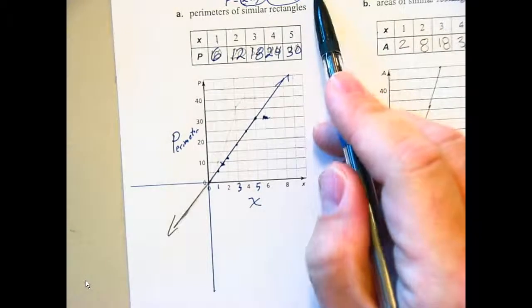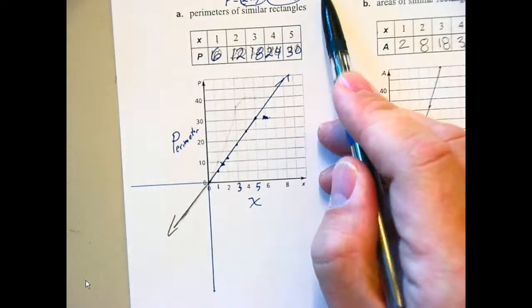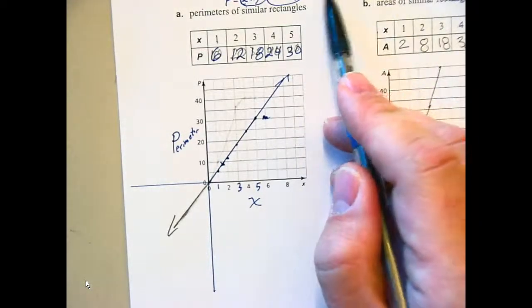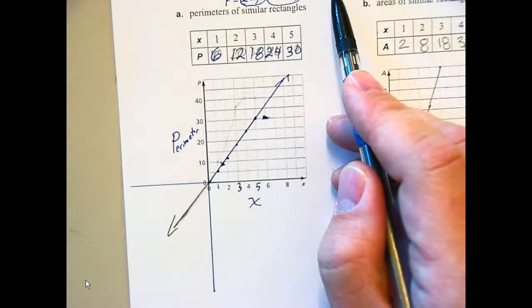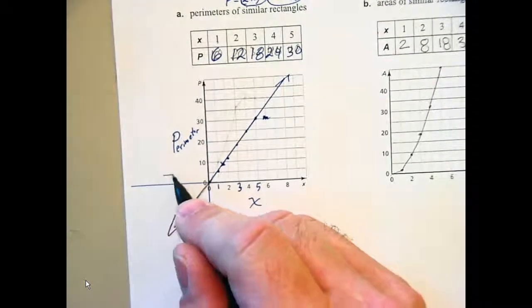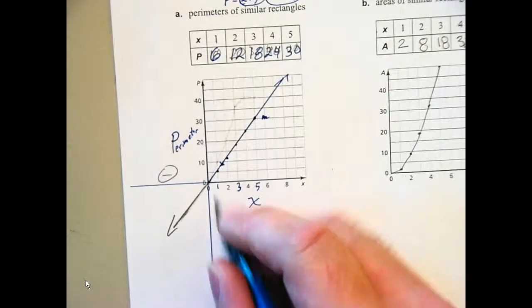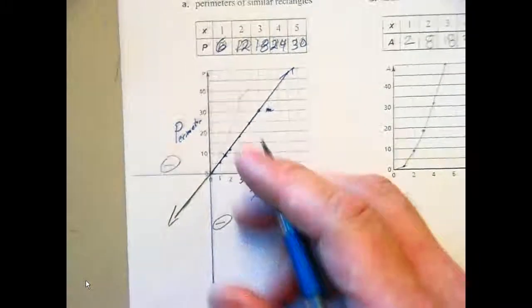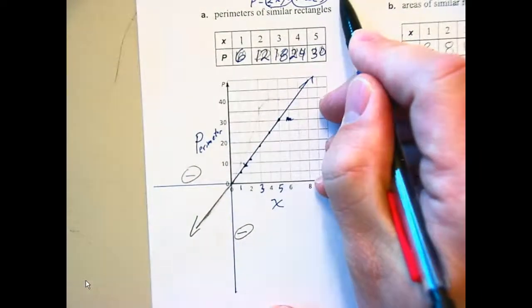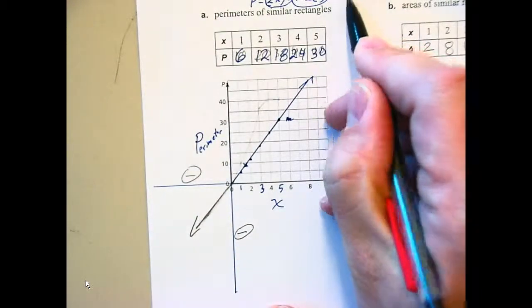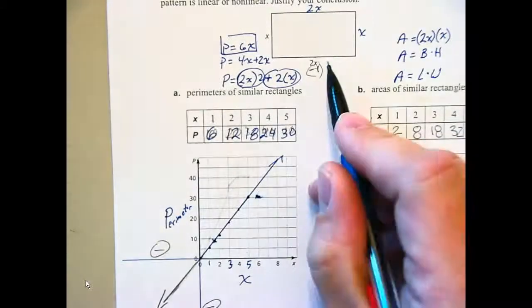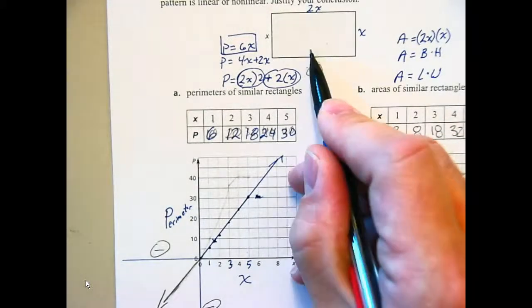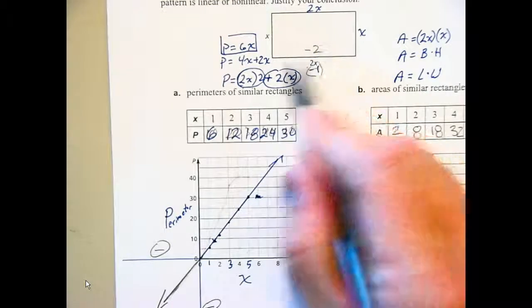If I do put like -1 in here, what's this length? It's a negative length. Okay, now I really want you thinking about this. If those are negatives over here on the x-axis, and these are negatives over here, this x, if I put a -1 in for x, not only negative length, but negative 2 times -1 is what? -2. So the length of this side is -2.